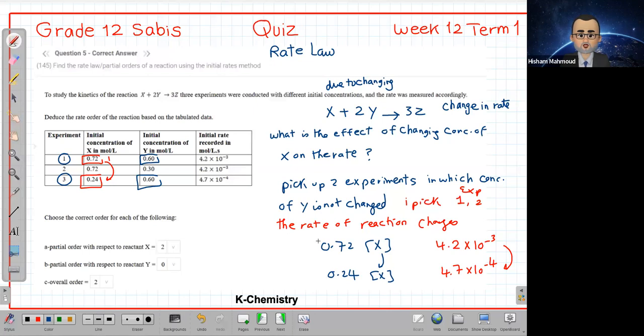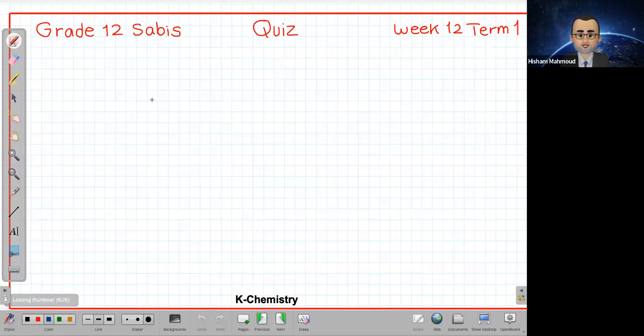Let's get our rule before we see our answer. Our rule tells us how we can find the order of the reaction relative to any reactant.